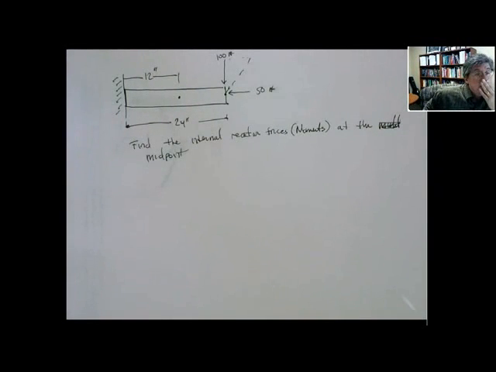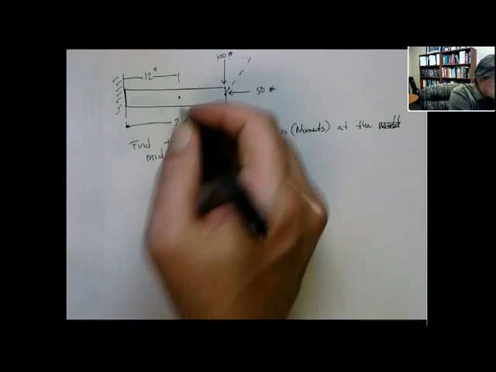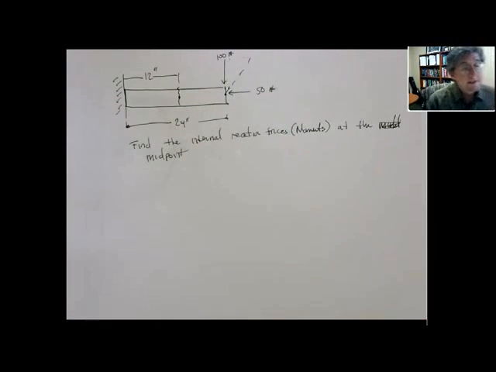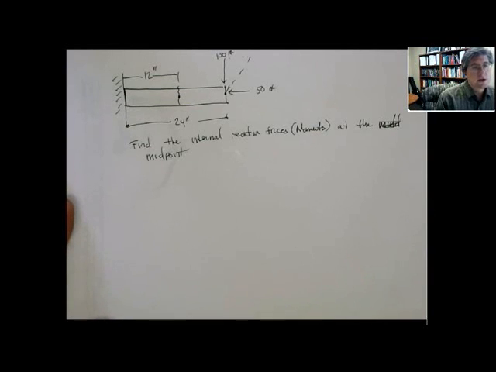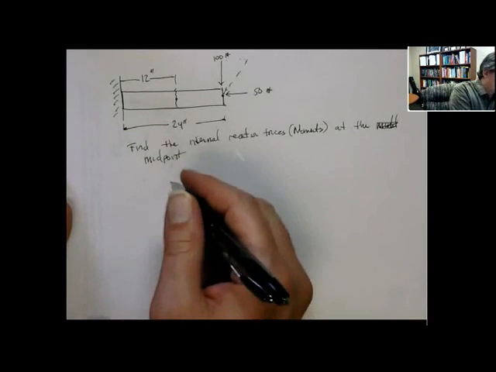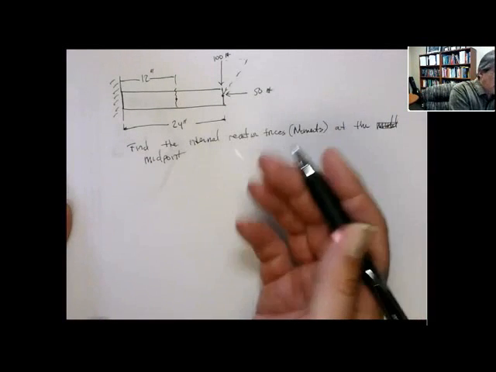Now, when we look at this, there's a couple of ways you can do this, and I'll go over this slowly. Obviously, we have to take a cut here. Okay. When I take a cut there, that exposes the internal reaction forces at the midpoint. Now, there's actually two free body diagrams that I can use to determine the internal reaction forces. First one, we'll draw the one on the right-hand side.